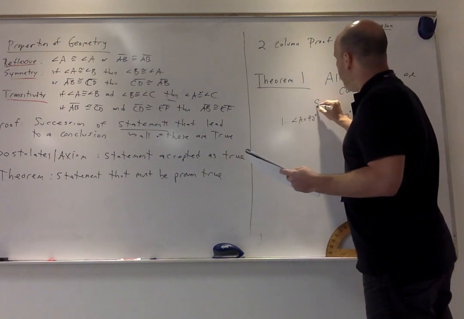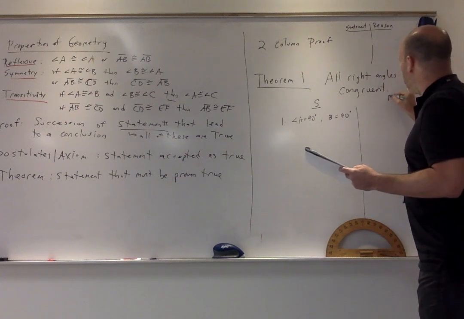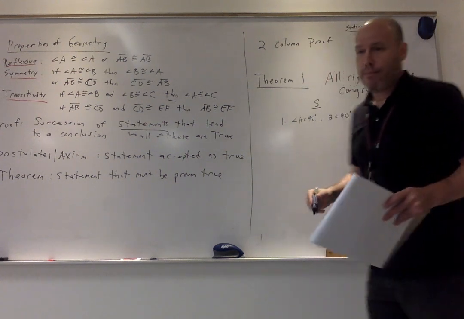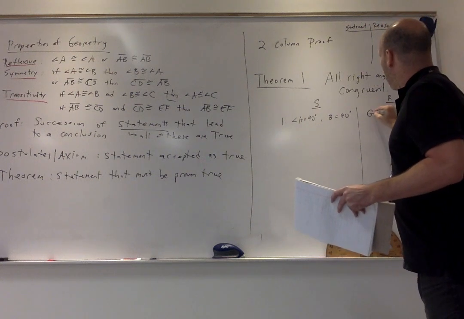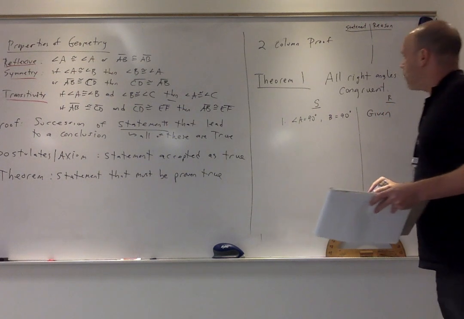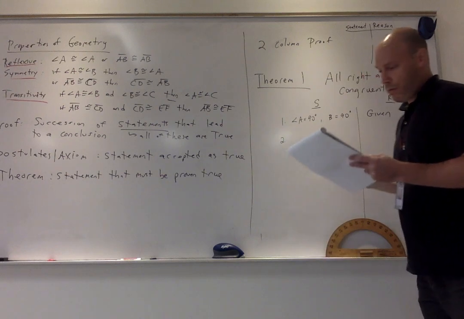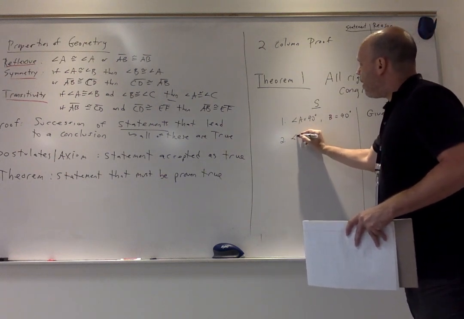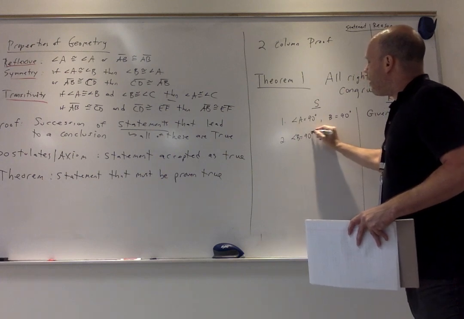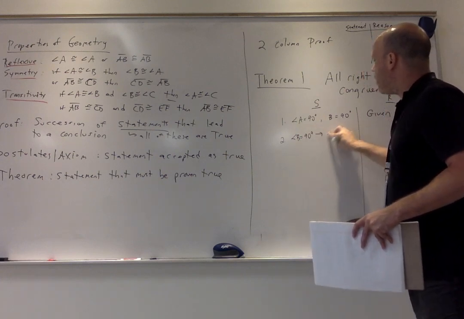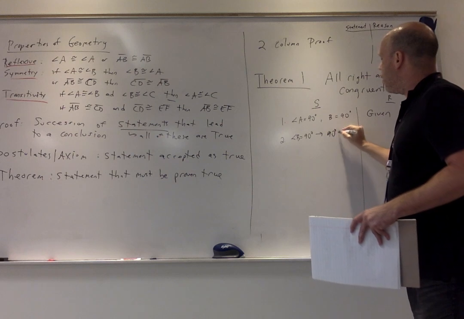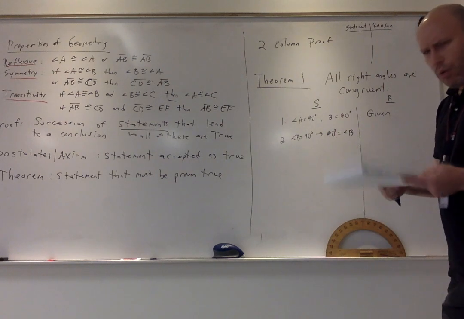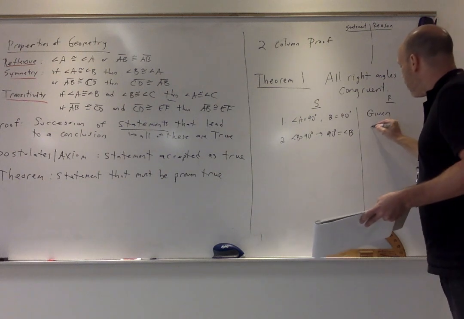So this is our statement. This is our reason. Why is this true? Given. Number 2. If angle B equals 90 degrees, then 90 degrees equals angle B. Is that true? Why? Symmetry.